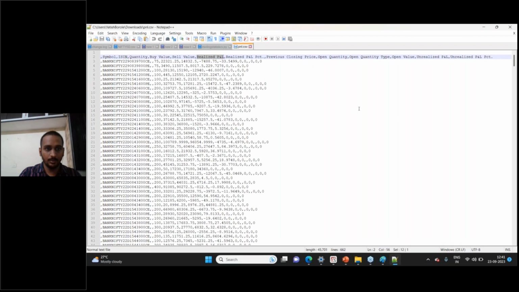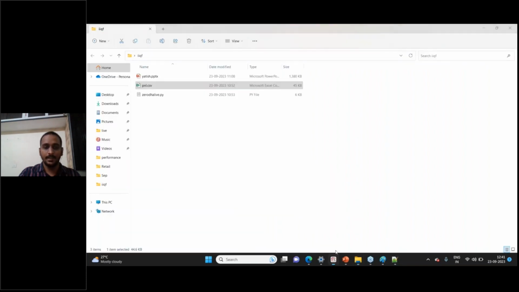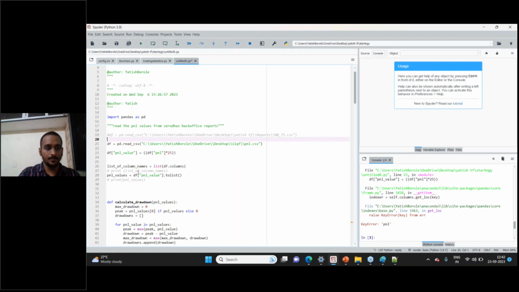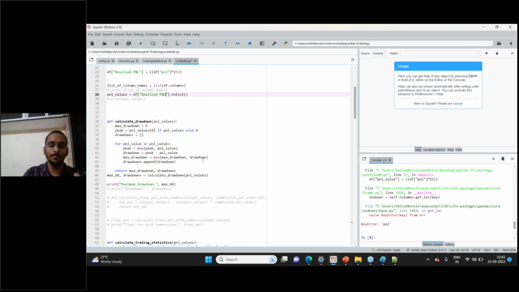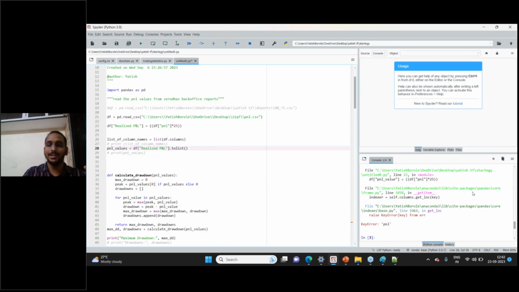That is the realized P&L, profit and loss. In the piece of code, we'll be changing this column to realized profit and loss. We'll be converting that column into a list, and then passing that list of P&L to all of these functions to get exactly what gain we have or what losing streak we have faced.